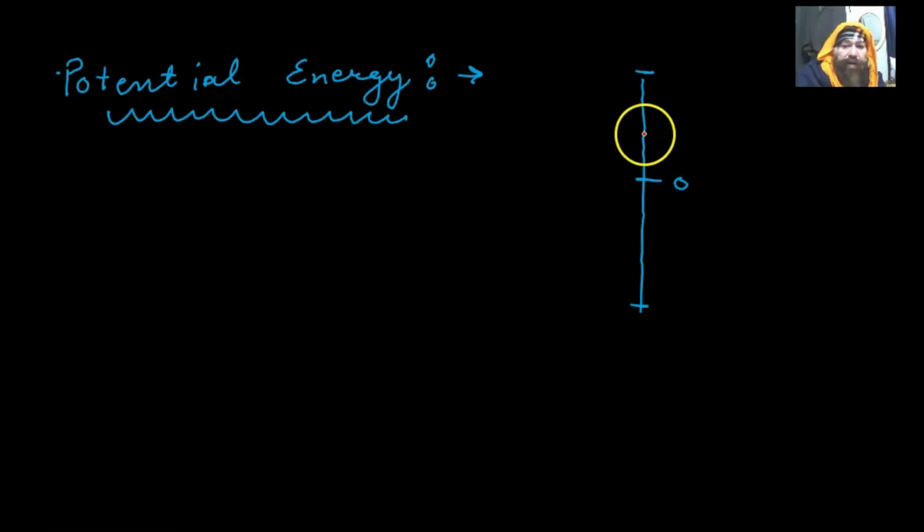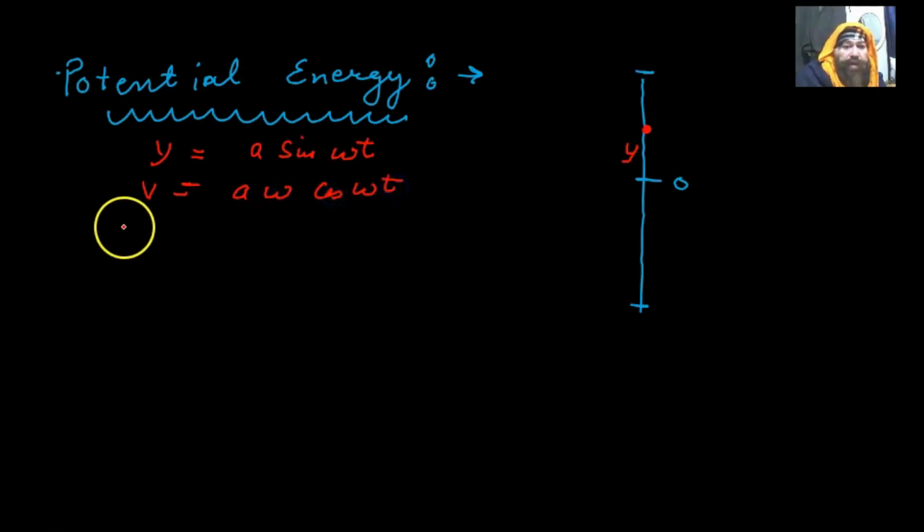At any instant, the particle is here, and the displacement from the mean position is y. The equation of y is a sin omega t. You know the velocity equation, a omega cos omega t. What is the acceleration?